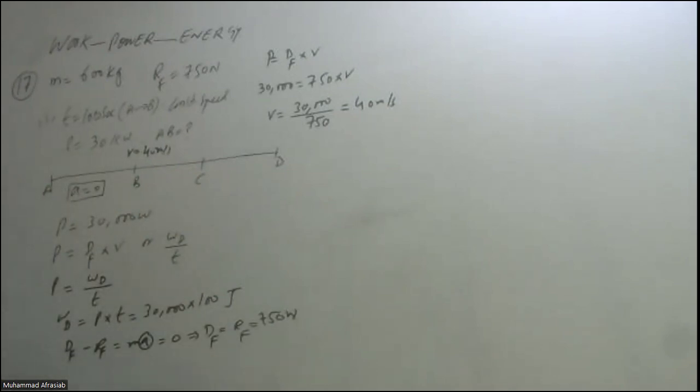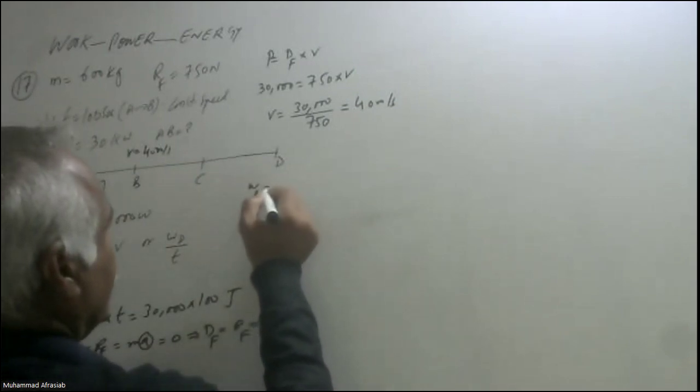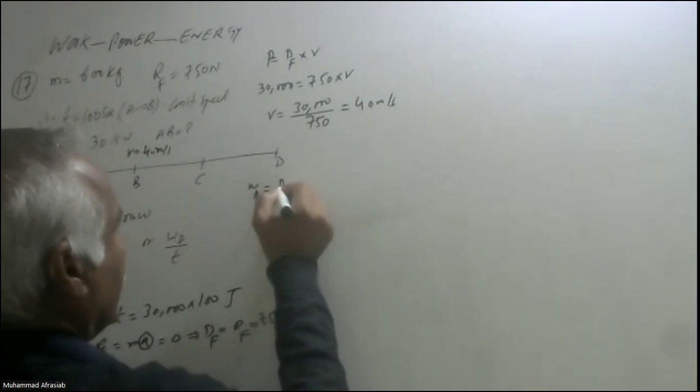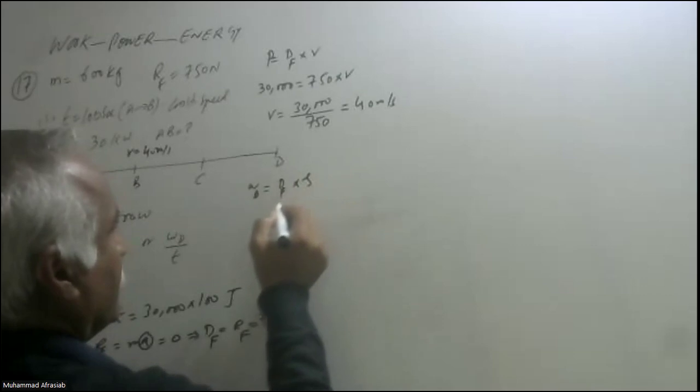Now we are going to find the distance from A to B. We know that work done by the driving force is equal to driving force times distance.